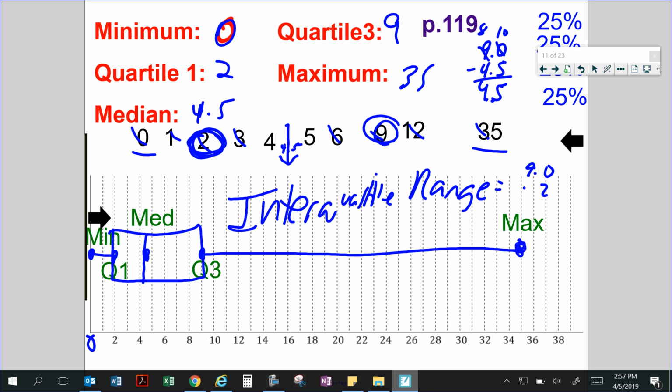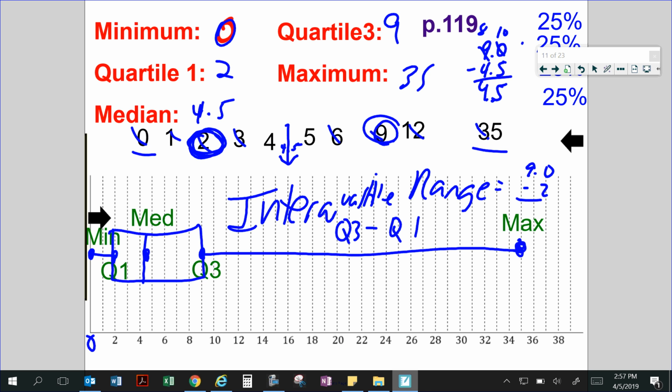Oh my gosh, I feel so bad here. I completely made a mistake here. If you rewind back, how embarrassing. Interquartile range is Q3 minus Q1. I believe I did quartile 3 minus median. I am so embarrassed by that.